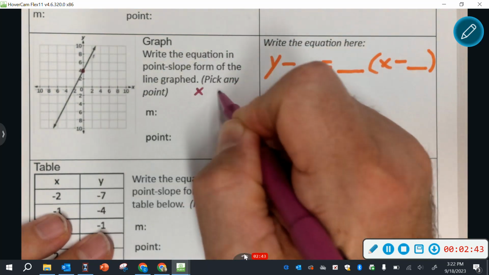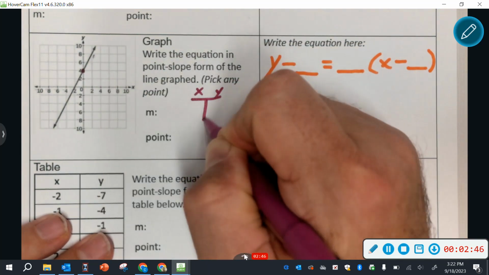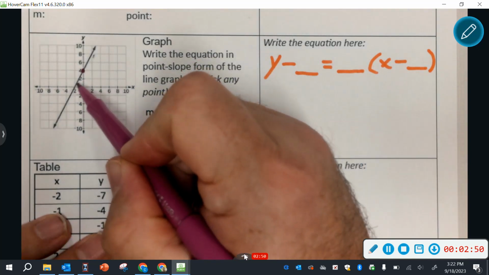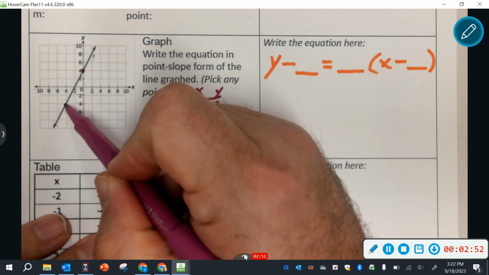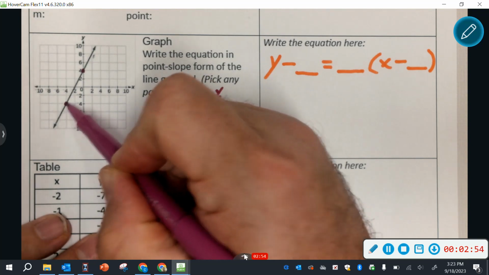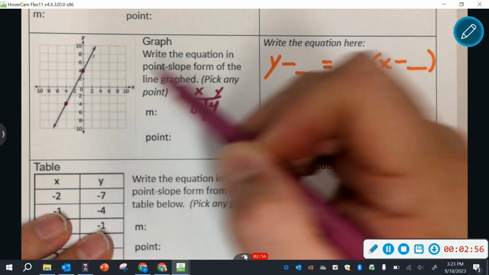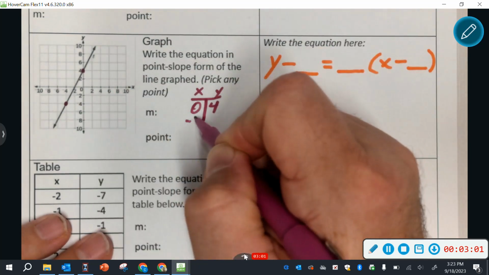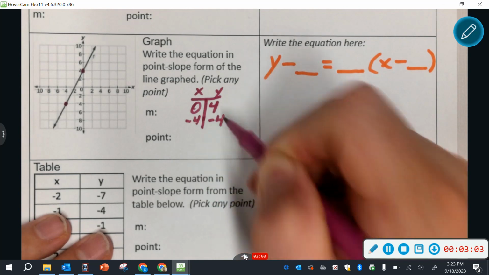So we're going to build us a table, so that'll be 0, 4. And then the other one I'm going to pick is negative 4, 4, this one right here. You can pick any 2 points you want, just as long as they're whole number points. So this will be negative 4, negative 4.